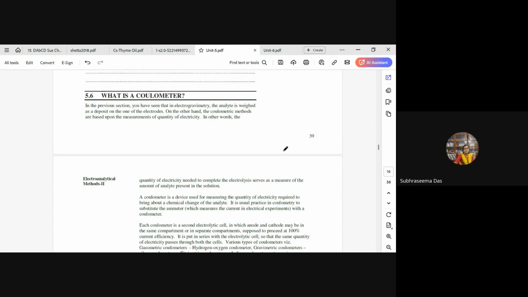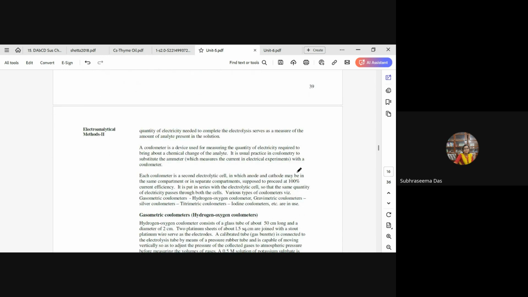Then coming to the coulometer. The quantity of electricity that is required to change the chemical nature of the substance is measured by an instrument called a coulometer. In practice, an ammeter is substituted with the coulometer.